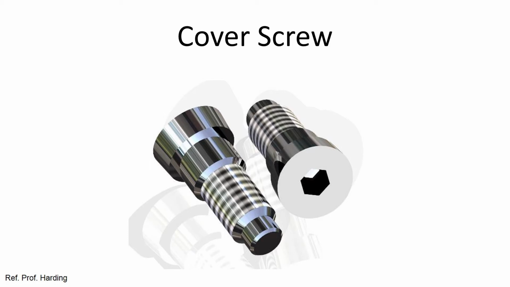Equally, it's also important to remember that if you're using a cover screw, you screw it down fully onto the surface of the implant. If you don't screw it down fully and leave a gap between the two components, then again this will allow for the ingress of bacteria and the formation of infections.